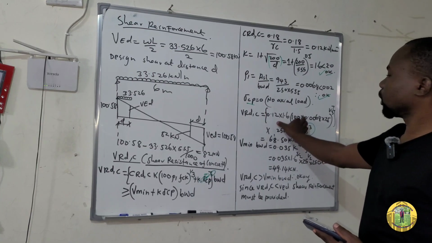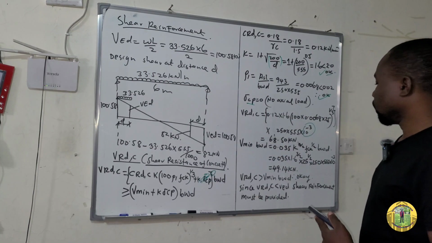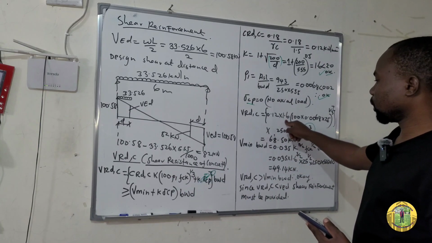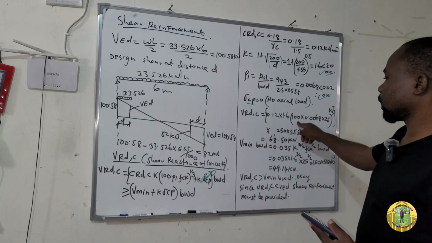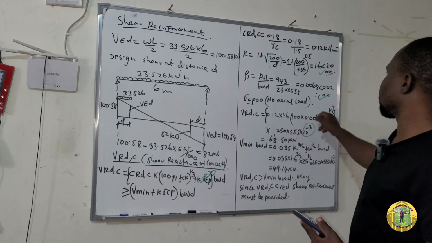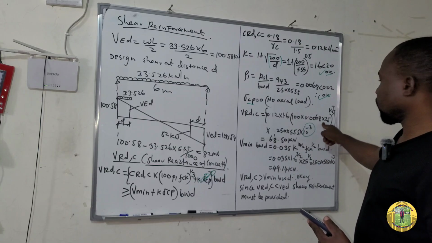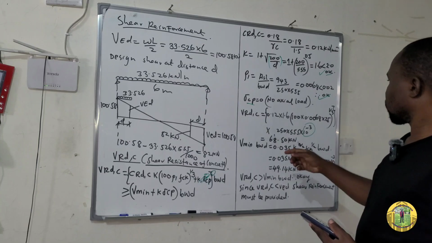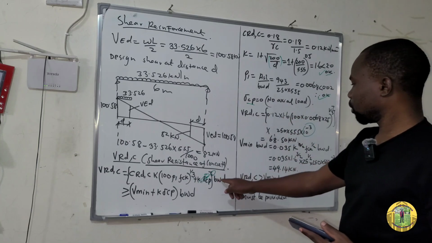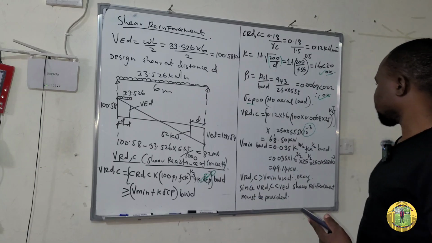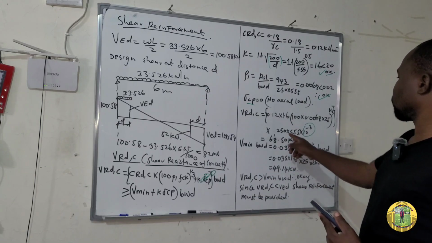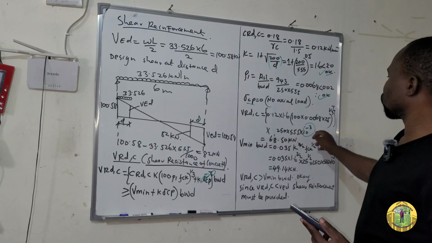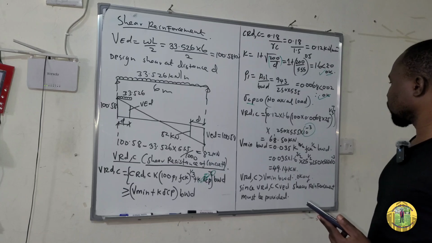So let's now insert the values in this formula. So VRDC, you already have it, 0.12 is here, times 1.6, which is K, open the bracket, 100 times 0.0068, it is here, times FCK is 25, and this one is to the power of a third, times BW, here it is, the breadth of the web, which is 250, and then D is 555. Then you multiply everything by 10 to the power of negative 3 so that you can have your answer in kilonewton.